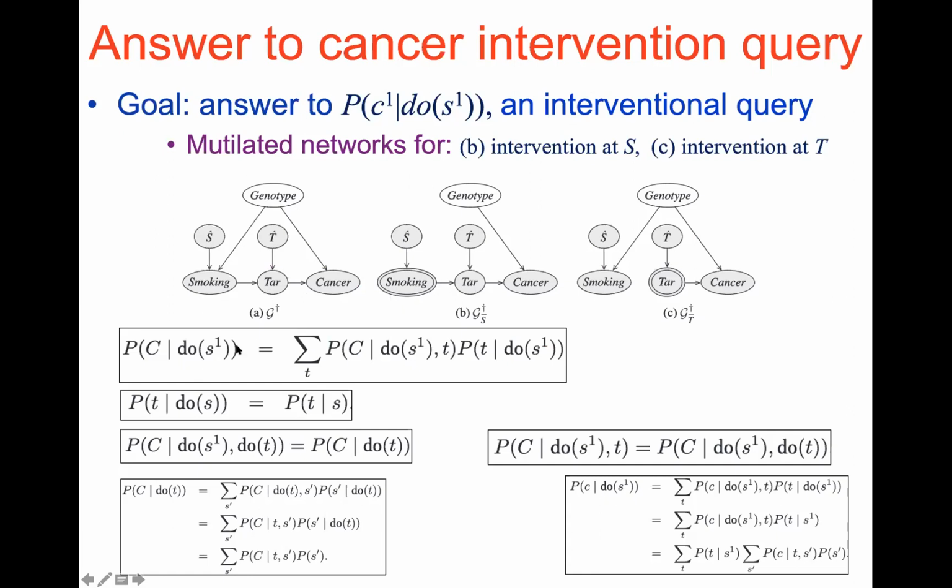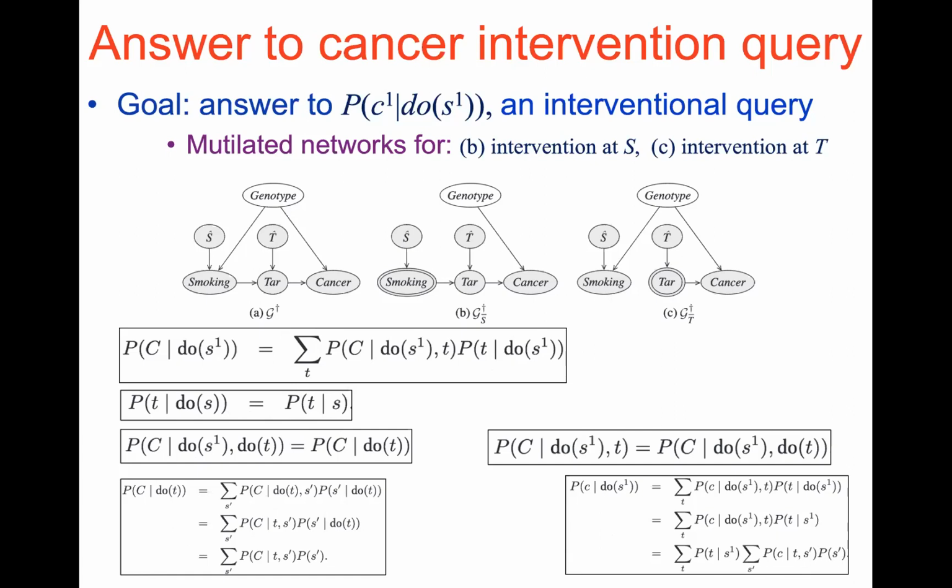To calculate the probability of C, cancer given do S1, we use the usual probability rule, marginalization, that involves T given do S1. So we need to involve tar given S1. Tar given do of S is P(T|S). We evaluate all of this, and eventually we get cancer given do of X, an expression which can be calculated from the observed data.